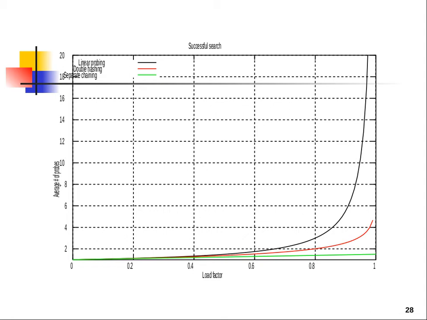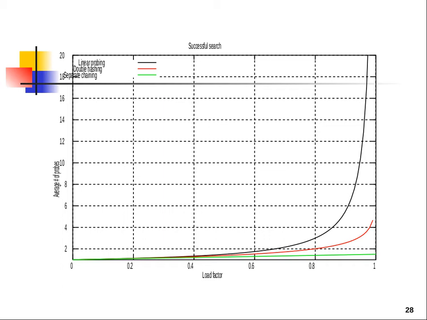Notice at 0.8 things get sad for everything but chaining. Right, well, for this to be fair, you'd have to be over here in open addressing. So this graph is not giving an equal representation of chaining, but it is supposed to show you that double hashing is significantly better than linear probing.